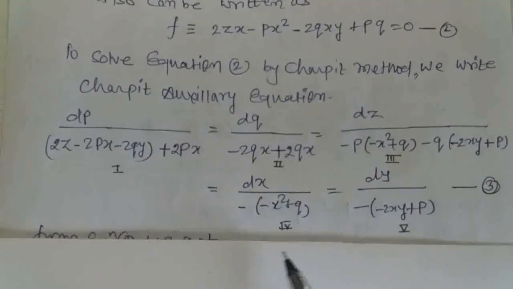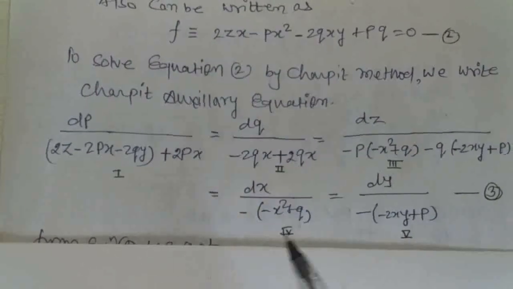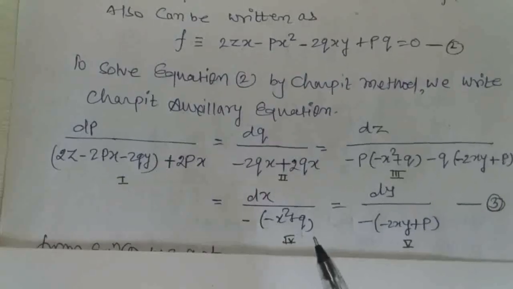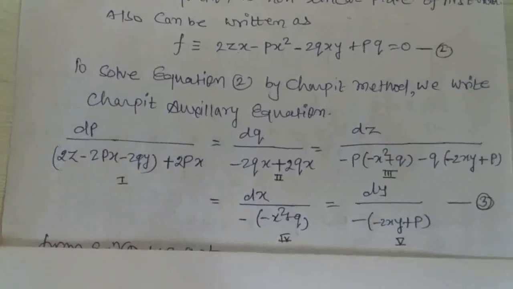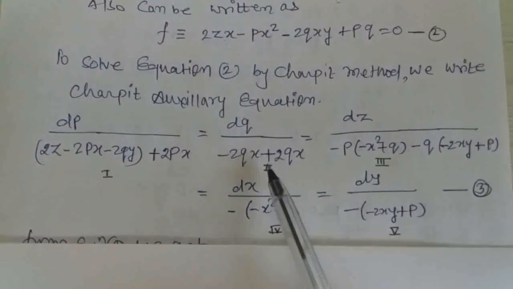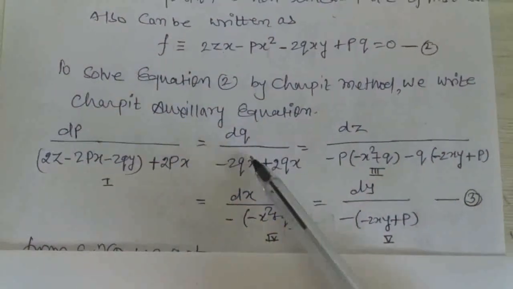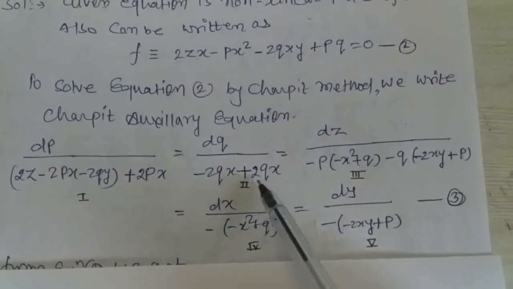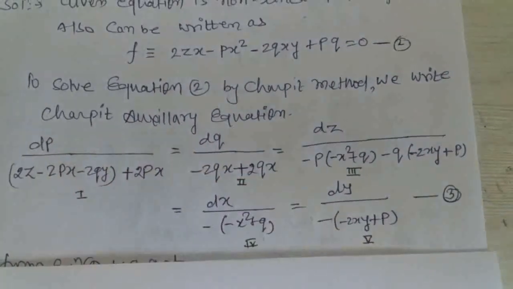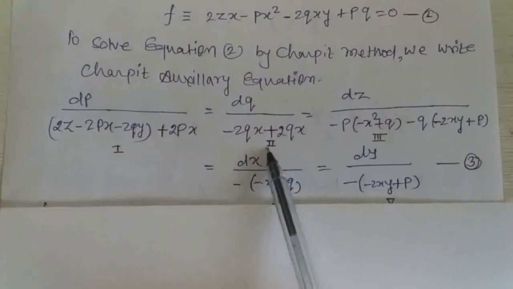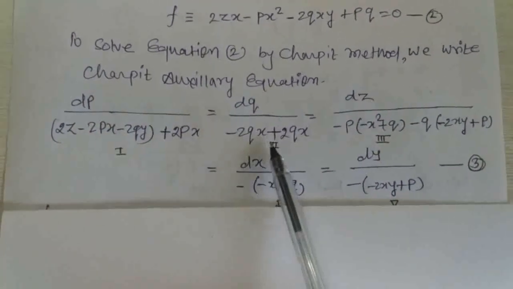From this equation we have to obtain the values of p and q. So we take two parts which can be integrated. Here we have dq upon 0, since 2qx and minus 2qx cancel. So we take the first and second part, first is equal to second.